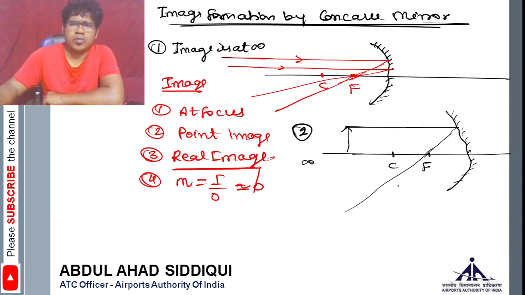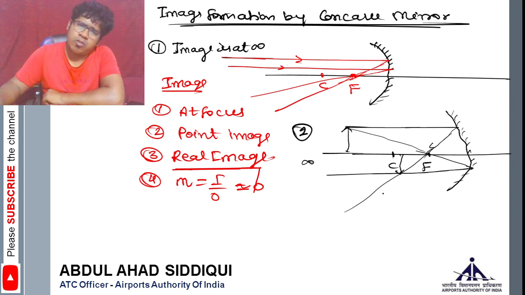Let's say a ray of light is coming like this, so it will pass through this way. So see the top, this image has been formed here, similarly this way. So the image which is formed in this case will be at between center and focus.